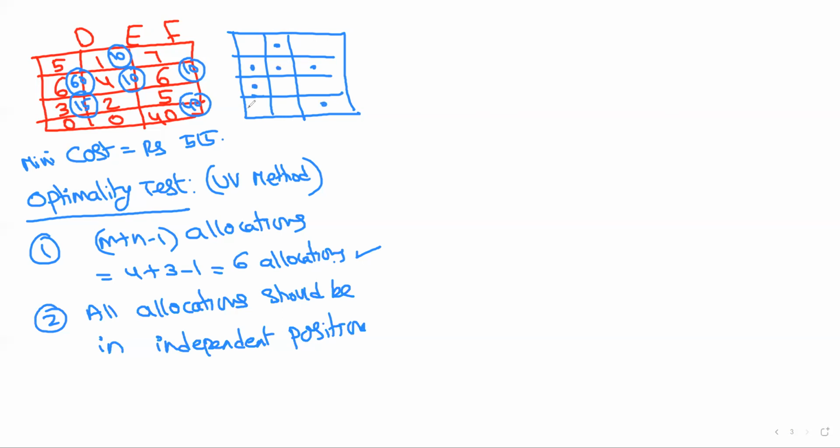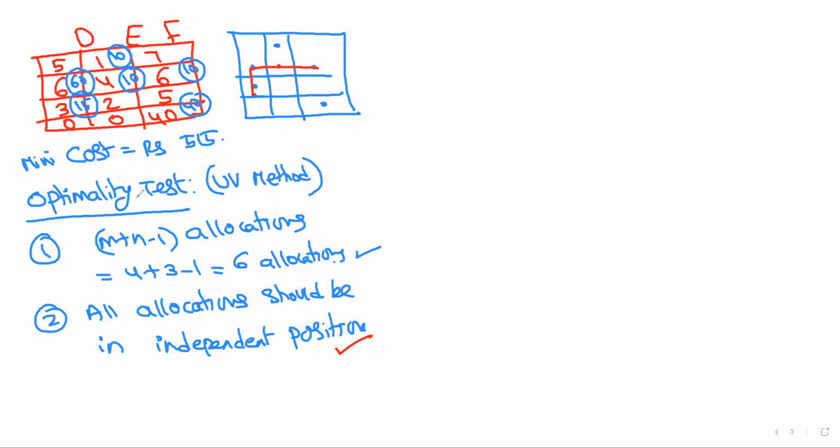Try to join them: I can join like this, like this, like this. If you join like this also, we are not getting a closed loop, not any closed rectangle or square. So all the allocations are in independent position, since they do not form a closed loop.